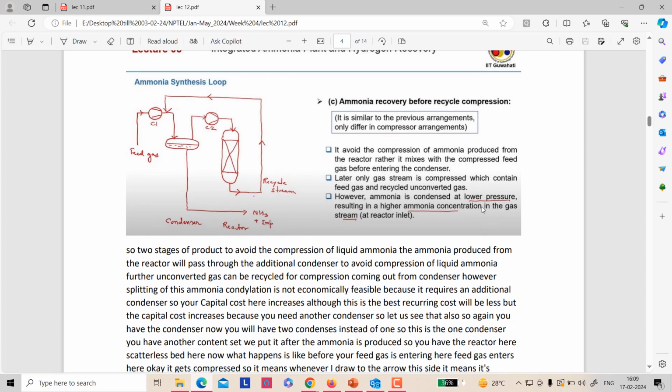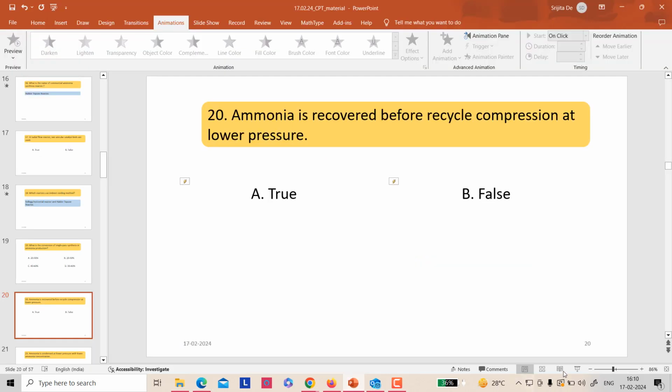In this diagram, you can see that ammonia is condensed at lower pressure, resulting in higher ammonia concentration in the gas. So the ammonia concentration will be higher if we keep lower pressure. So here the answer will be true.